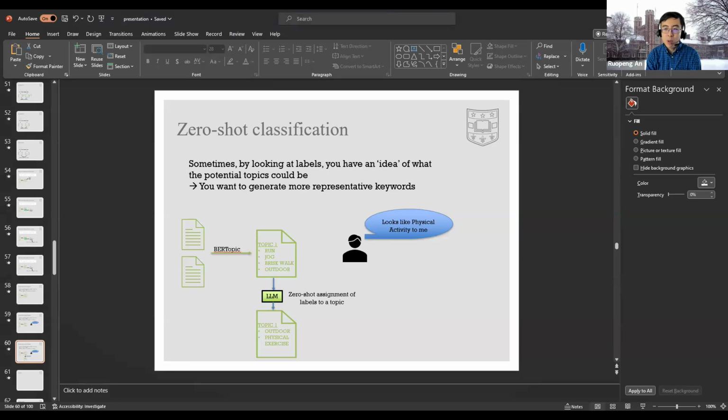So if Charles provides some labels denoting what the topic is, then Charles is doing few shots classification. Okay, so that is the definition for zero-shot classification. So basically, what Charles does here is utilize an existing large language model to try to make sense of the topics based on the keywords.